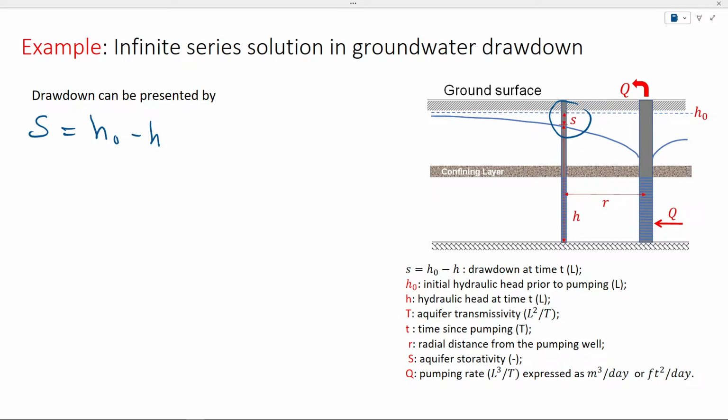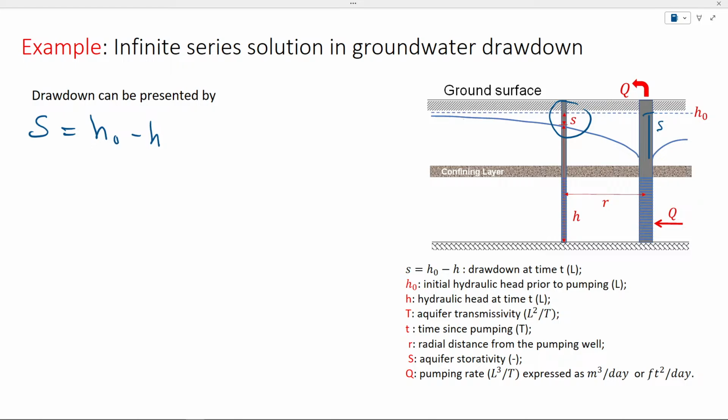The maximum drawdown occurs where you are pumping. As x approaches infinity, you go far away, and the drawdown approaches zero. Head will not drop.